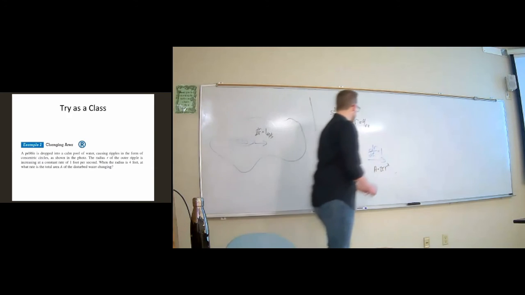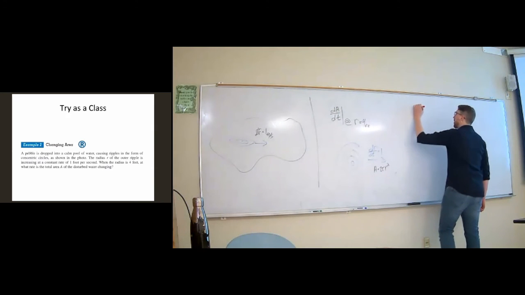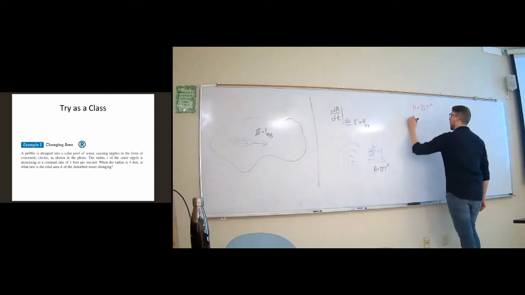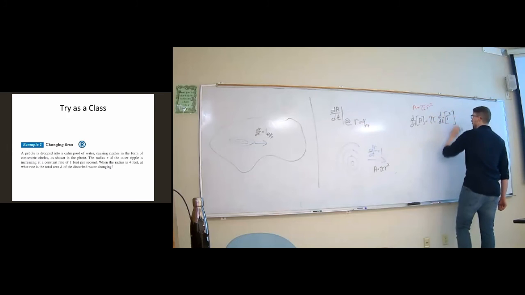So given that, since we know area is equal to pi r squared, let's go ahead and differentiate both sides with respect to time. d/dt of A is equal to pi times d/dt of r squared.